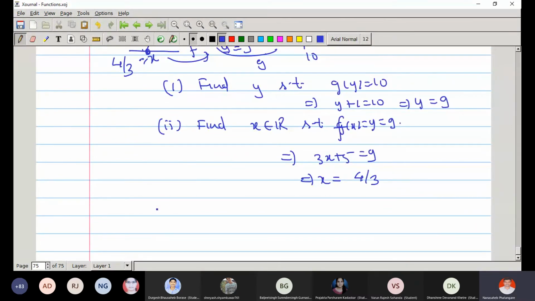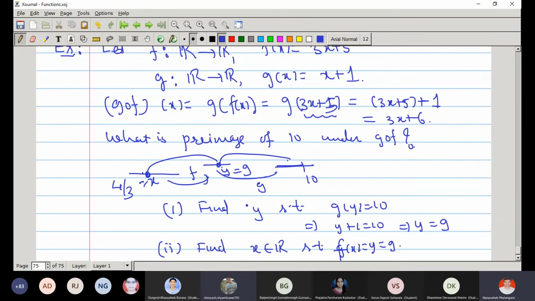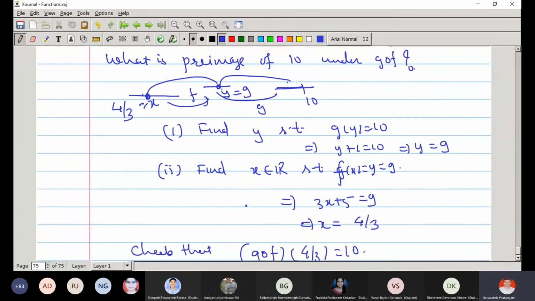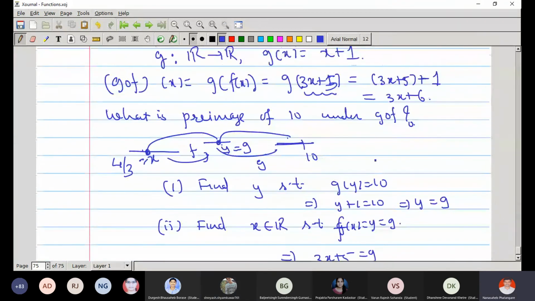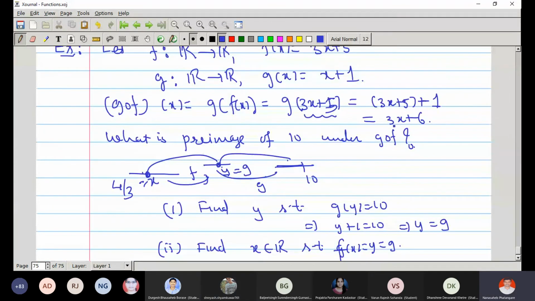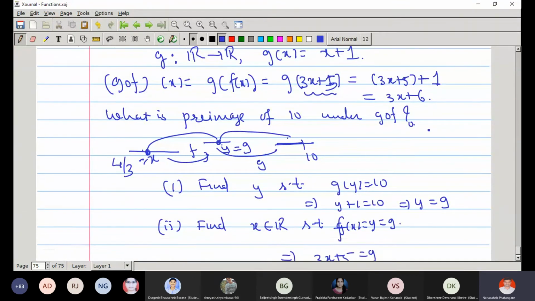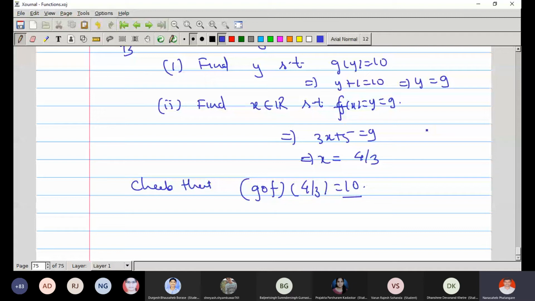Now check that G composite F of 4 by 3 is 10. Is it true? Yes. Here the functions are easy, so we know the direct formula for G composite F, and 3x plus 6, if you solve for 10 for x, then also you'll get it.